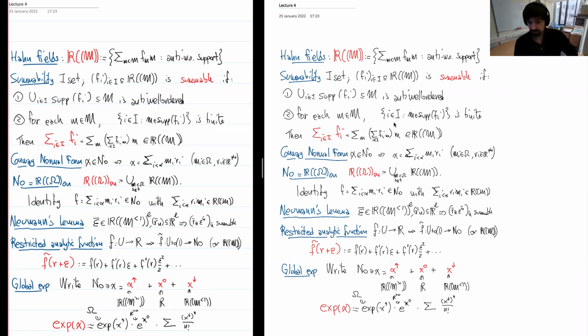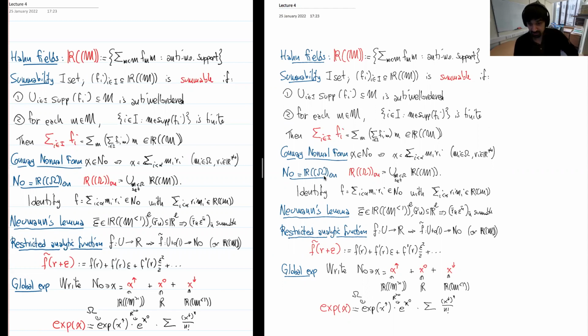Because in this way we can define the sum of the entire family: for each monomial we attach the coefficient which is the sum of the coefficients of the same monomial in the various elements of the family. By condition 2, this is a finite set, so we can do the sum. Then the entire sum is another series in the Hahn field, because the union of the supports is anti-well ordered, so you're sure that this is going to be a sum of the same shape. This is the technical thing to have in mind.